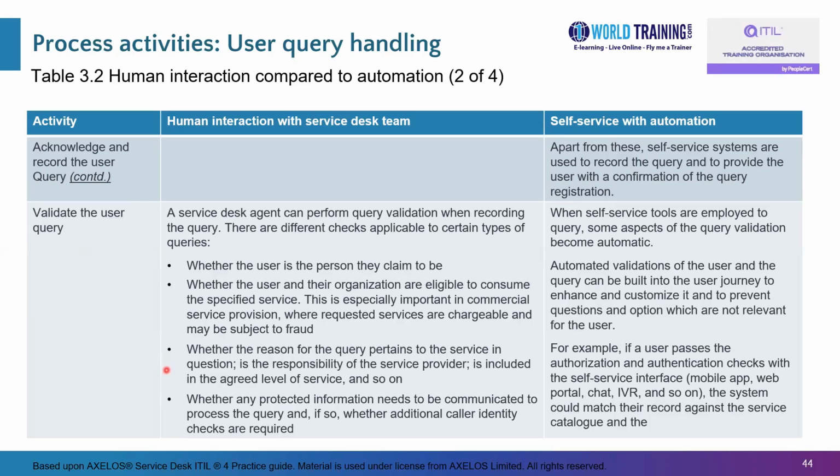And it should be as per the agreement of what kind of queries can be asked to the service desk as well. And in some cases, the user may have to provide some confidential information, apart from providing their identity, and those should be taken care of also.